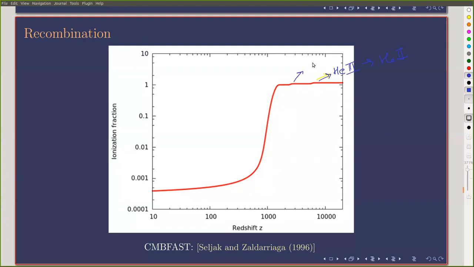And this is the second recombination of helium. In this case, it went to the neutral helium, and this is basically the ionized hydrogen going to neutral hydrogen. So I want you to calculate these approximate redshifts using the Saha ionization equation, which I had shown earlier, and it is also in the notes.